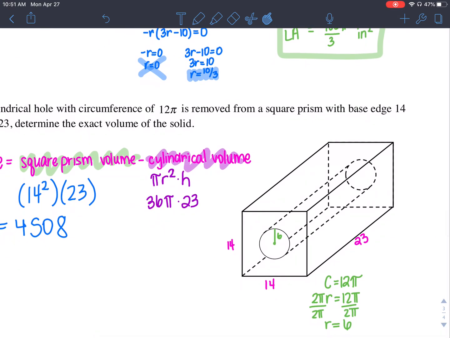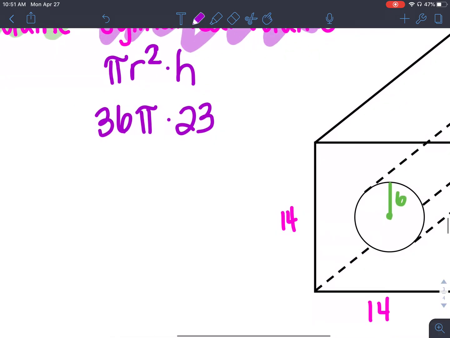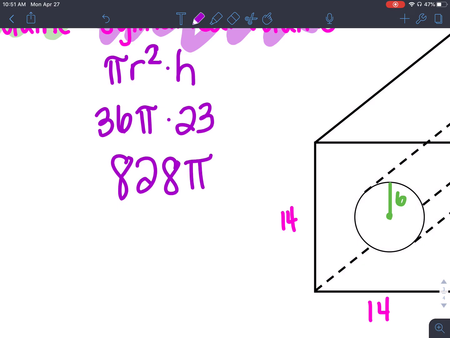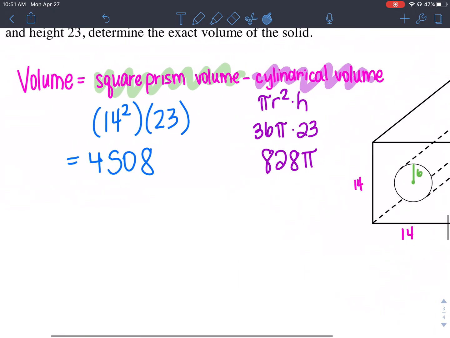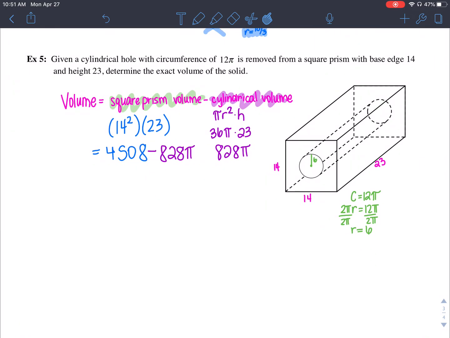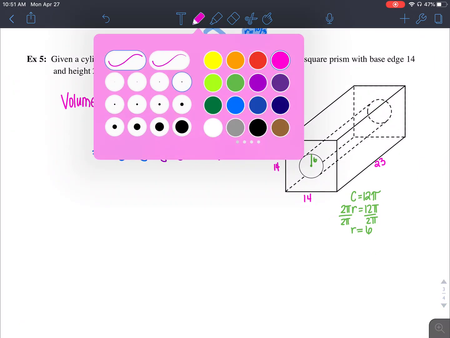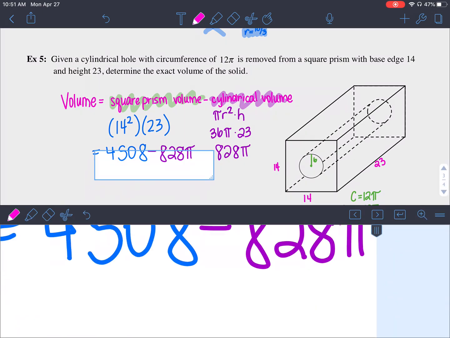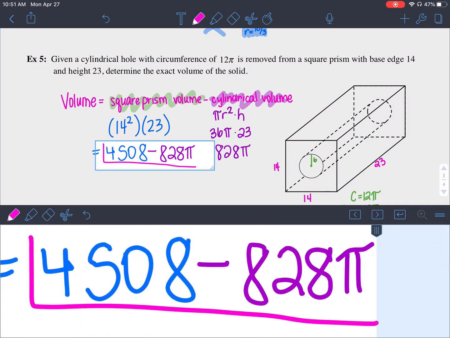And it did say exact volume, so I'm not going to multiply that pi out. And I get 828 pi. And then since I cannot reduce that at all, I know that is my final volume.